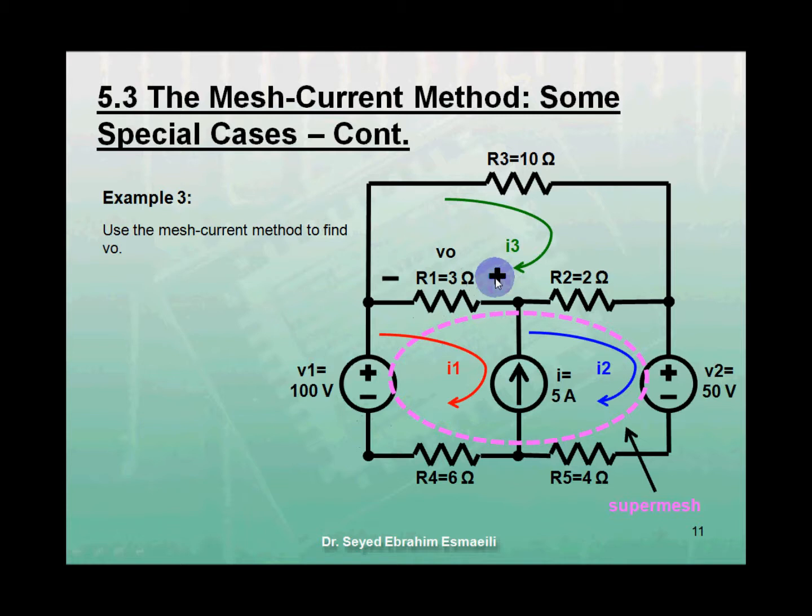Applying KVL on the third mesh, we get R1 times (I3 minus I1) plus R3 times I3 plus R2 times (I3 minus I2) equals 0. The third equation we get from the branch containing the current source, where we have I equals I2 minus I1.